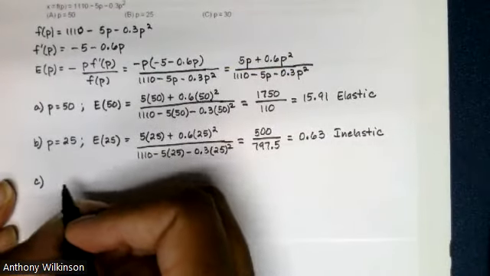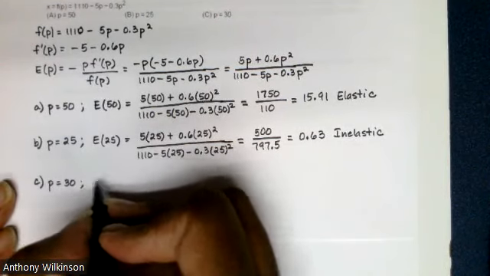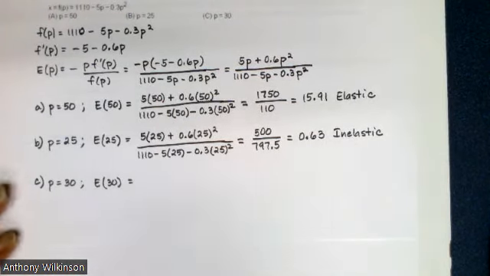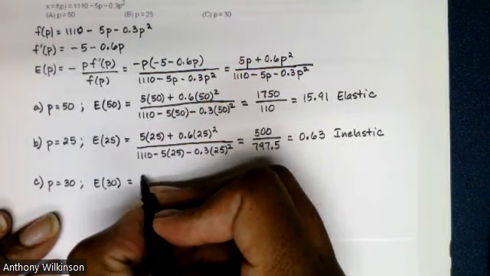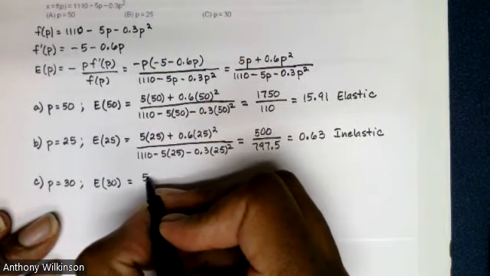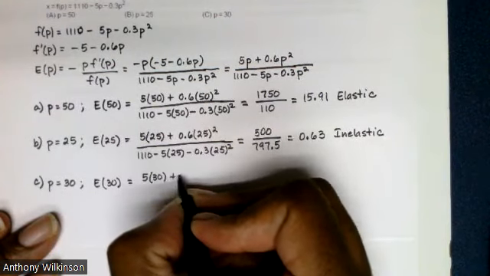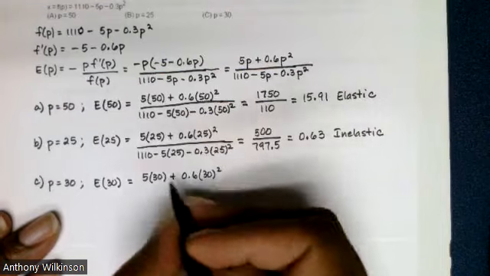All right, part C, where P is 30. So we're going to use our elasticity function at P is equal to 30. All right. So here we're going to have the numerator, that'd be 5 times P, which is 30, plus 0.6 times P, which is 30, and that's squared.